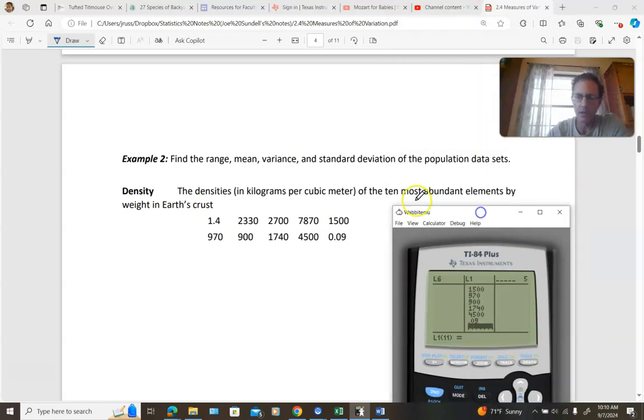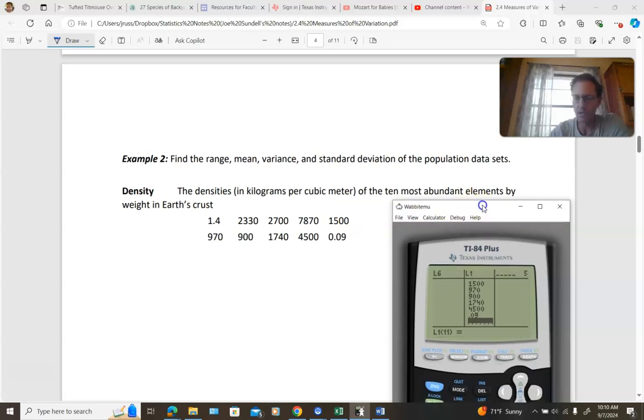Hit enter. By the way, this data represents the densities in kilograms per cubic meter of the 10 most abundant elements by weight in Earth's crust. So you have things like iron, silicon, let's see what else, probably aluminum, oxygen.